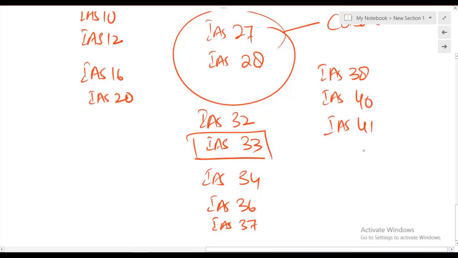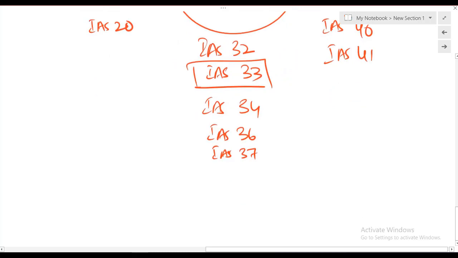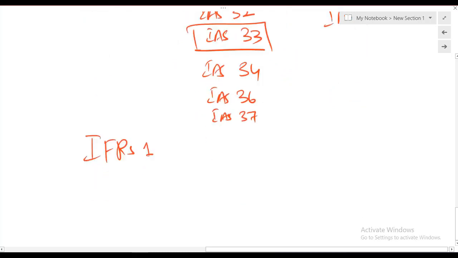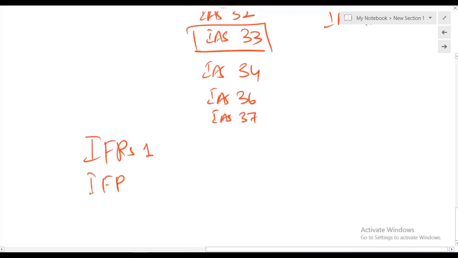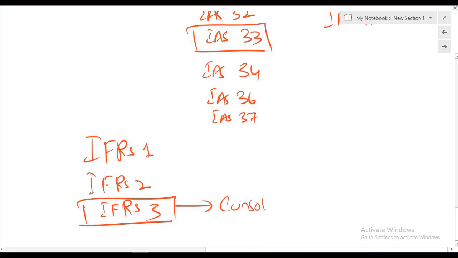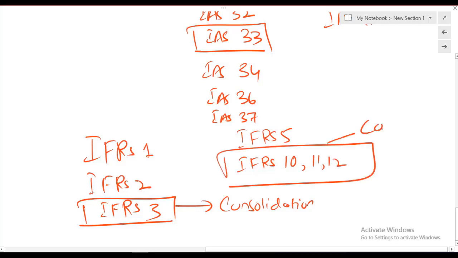When it comes to IFRSs, so let me write over here. We do have IFRS 1 in our syllabus, we have IFRS 2, we do have IFRS 3, but this IFRS 3 is also going to be covered in consolidation. We have IFRS 5 in our syllabus, we have IFRS 10, 11, 12, all these are on consolidation.